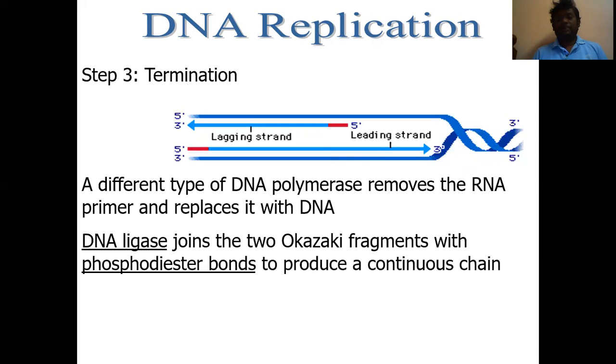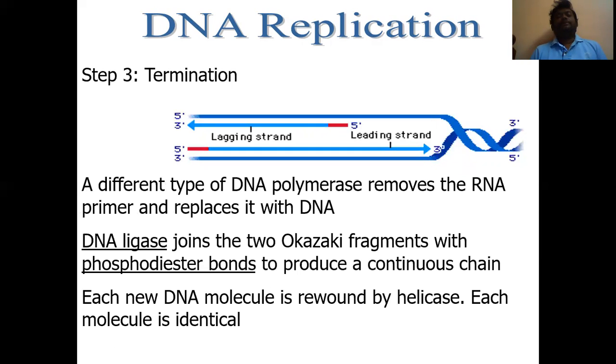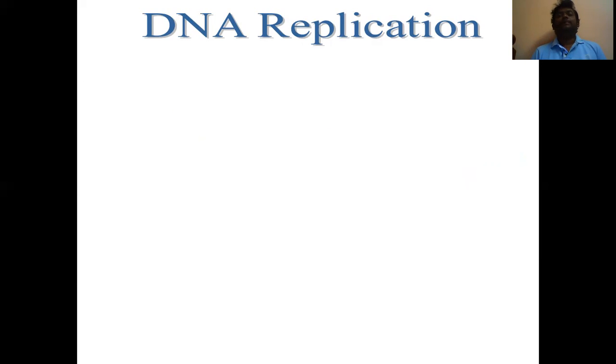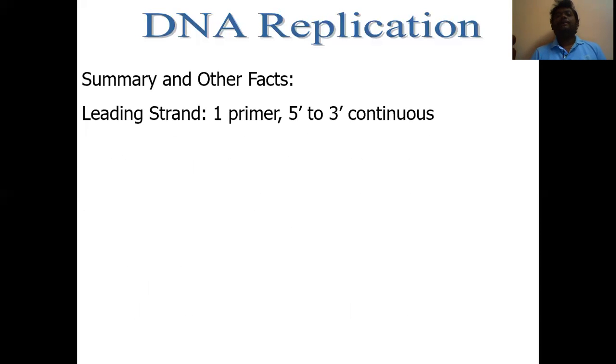And another enzyme, a very, very important enzyme, is called DNA ligase. It joins the Okazaki fragments and forms a continuous chain. So now each new DNA molecule is rewound by helicase. Initially we saw the helicase enzyme which unwinds the DNA, whereas here again the helicase winds up the DNA molecules.